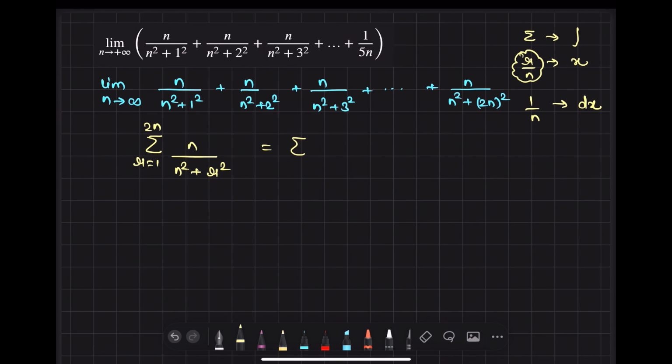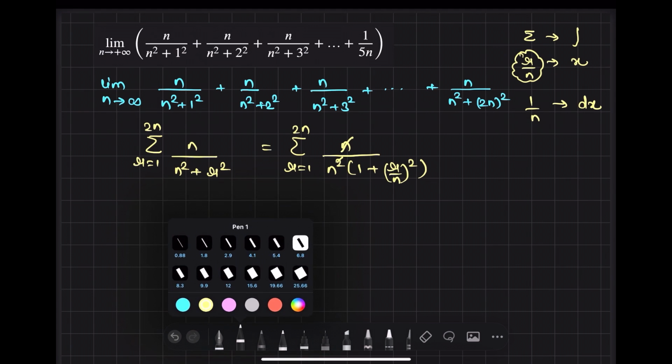So can I write r starts from 1 to 2n, and then we will have n. If I take n square common, we will be left with 1 plus r by n whole square, and 1 n will be neutralized. Now you can apply the replacements.